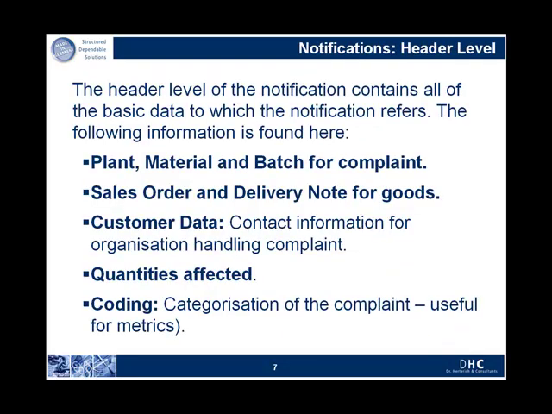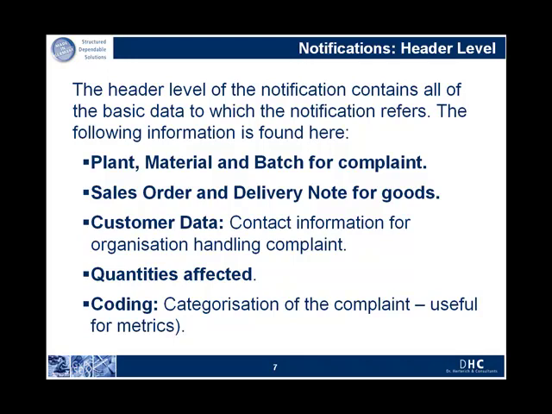Moving forward, the header level will contain all of the basic data to which the notification refers. In the particular case of the customer complaint notification, we will find the plant for the material itself, and the batch that is affected by the complaint. Also, you will have information regarding the sales order and the delivery, which are easy points of reference for the customer.